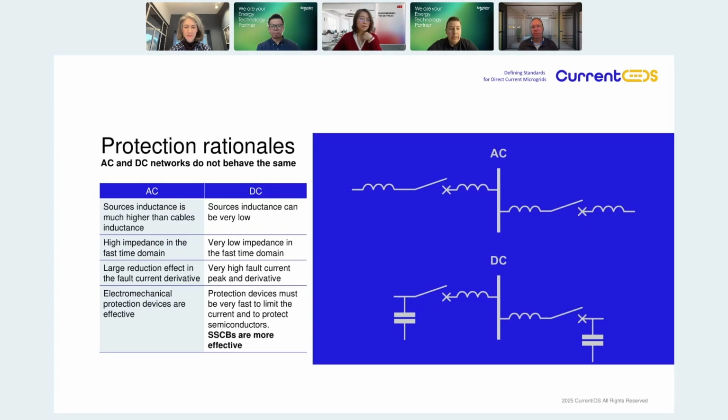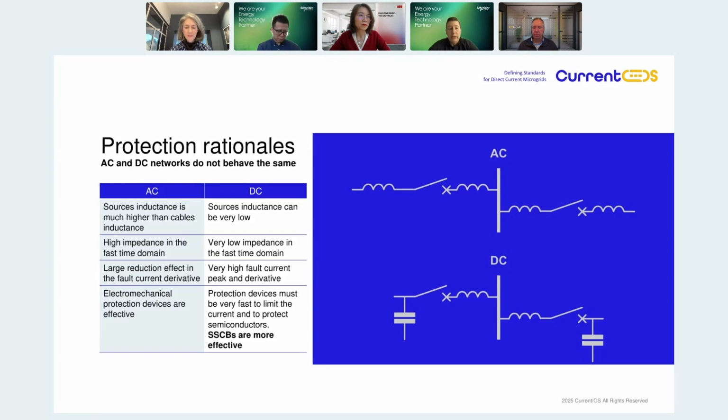Indeed, in AC we have a large reduction effect of the fault current derivative, while in DC we can have a very high current derivative. And we will see that it will affect the selection of the protection devices.